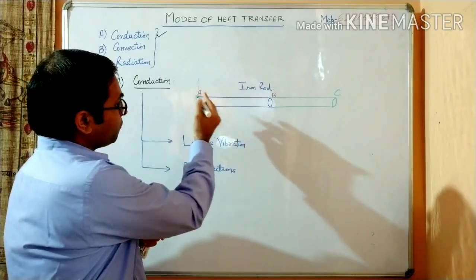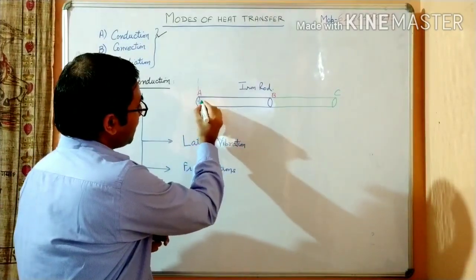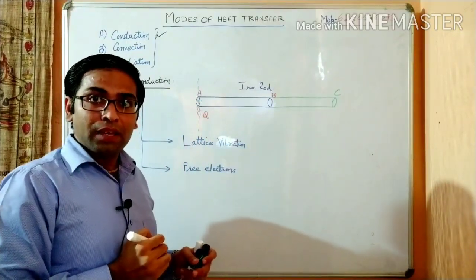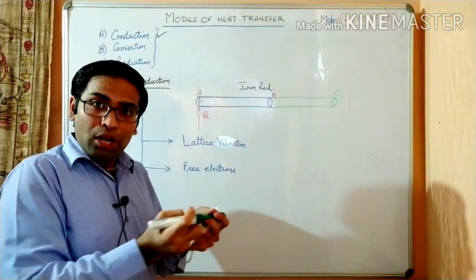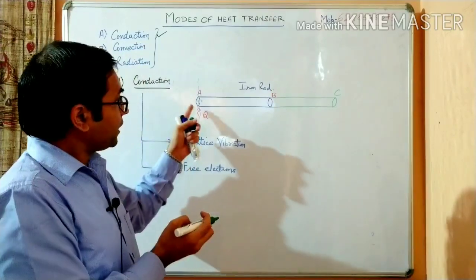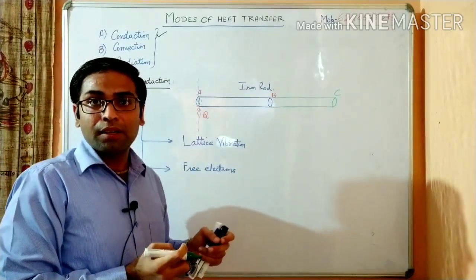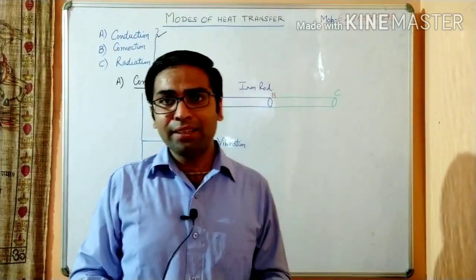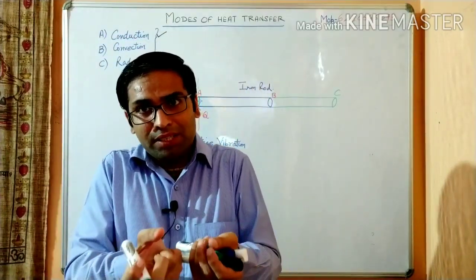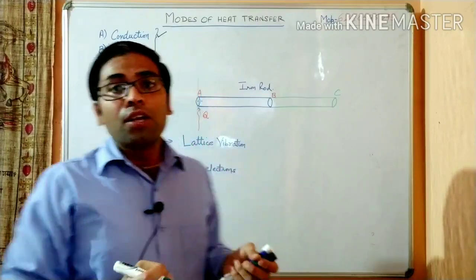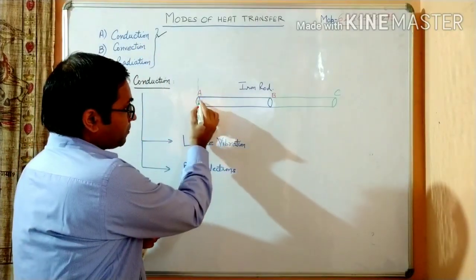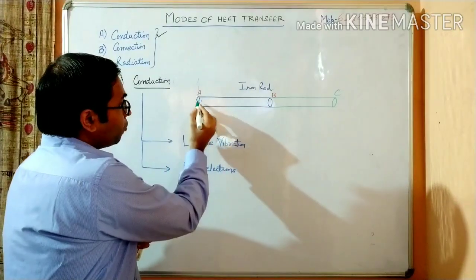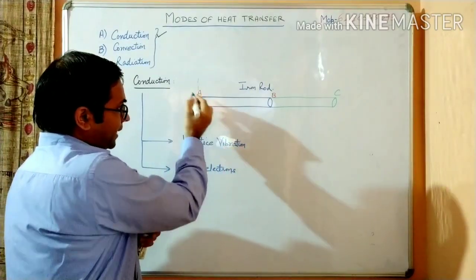But the molecules which are in direct neighborhood of this first molecule, there is the molecular force of attraction between the two molecules. And this molecular force of attraction is obviously present. That's why the material is bound as one rigid solid body. So the attractive force between these two molecules restricts the movement of this molecule which acquires the heat.